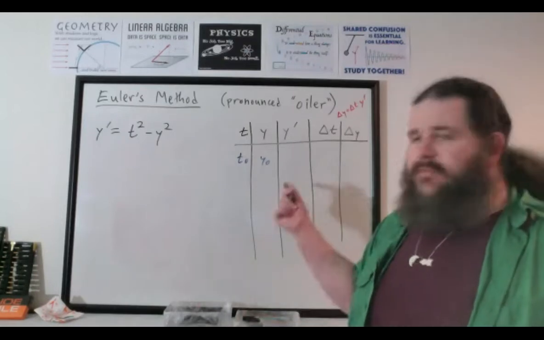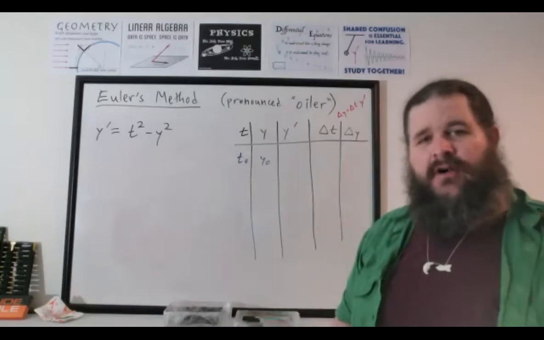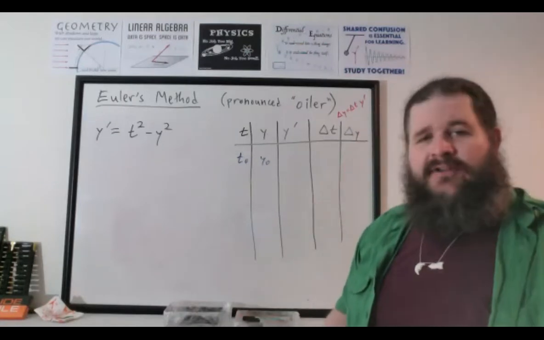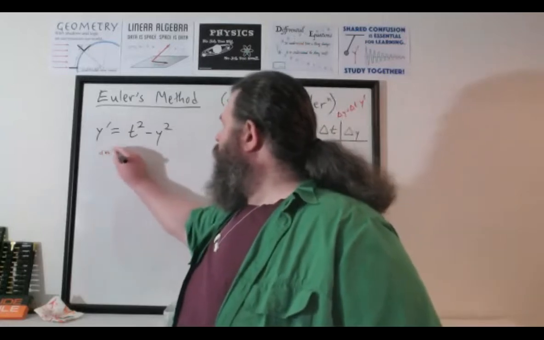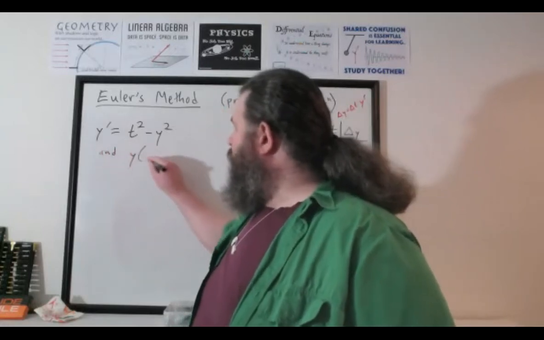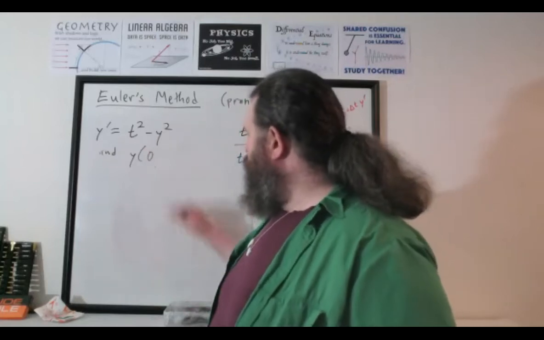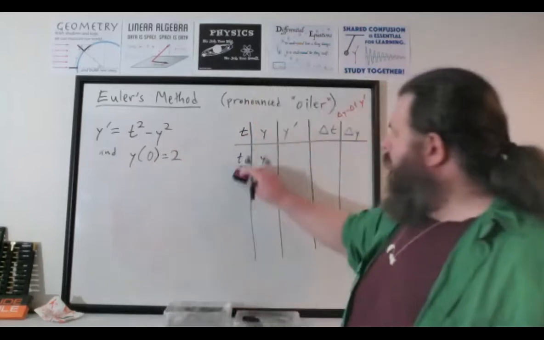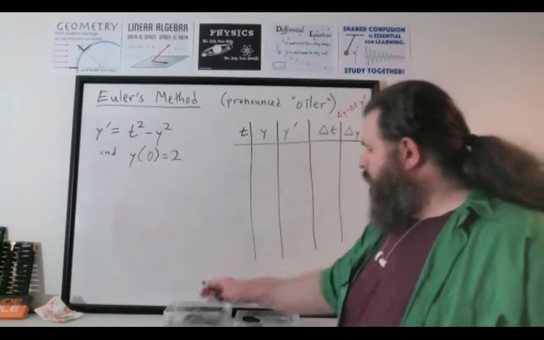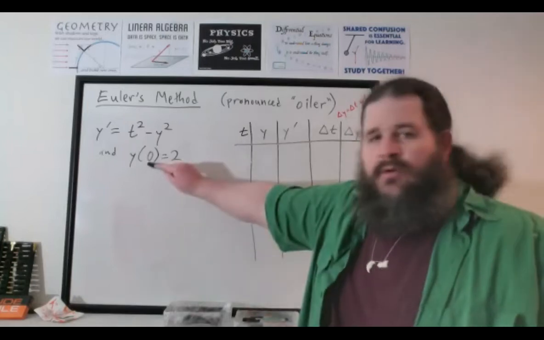But we can use Euler's method to get an approximation, a connect-the-dots approximation of the solution curve. And of course, we'll need an initial condition also. Let's say our initial condition is y of 0 equals 2. So we'll use that for our t naught and y naught values. So t naught is 0, y naught is 2.